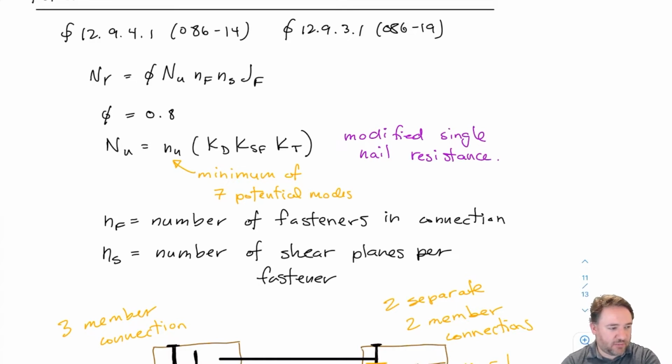Then I'm going to multiply that individual nail shear plane strength NU times NS for the number of shear planes, and then times NF for the number of fasteners, multiply it by phi reduction factor of 0.8, and then multiply it by JF, which accounts for all of those other phenomena that we just talked about. And after I'm done with all that, I have my nailed connection strength. And I just need to make sure that I satisfy my spacing criteria, obviously.